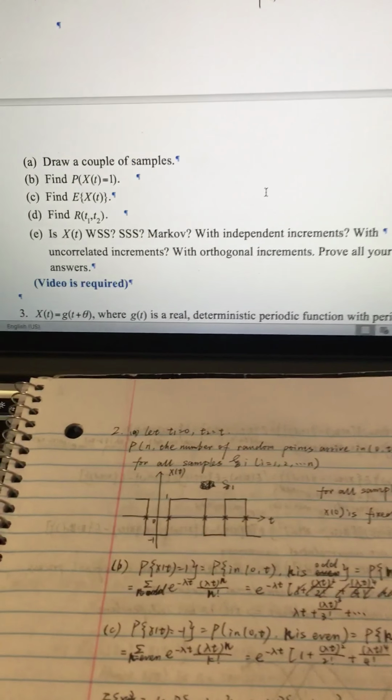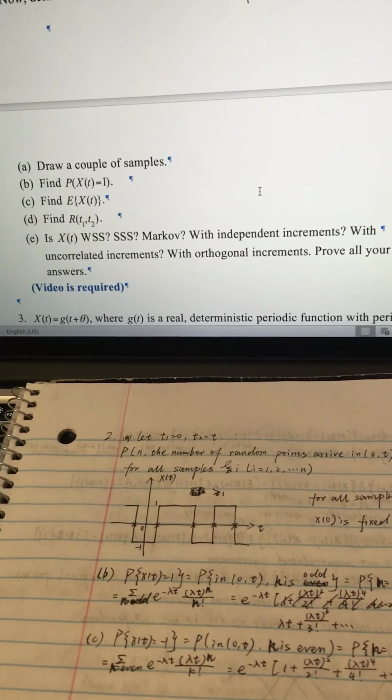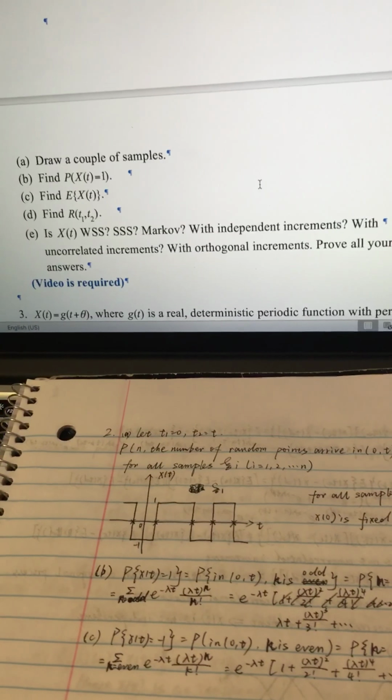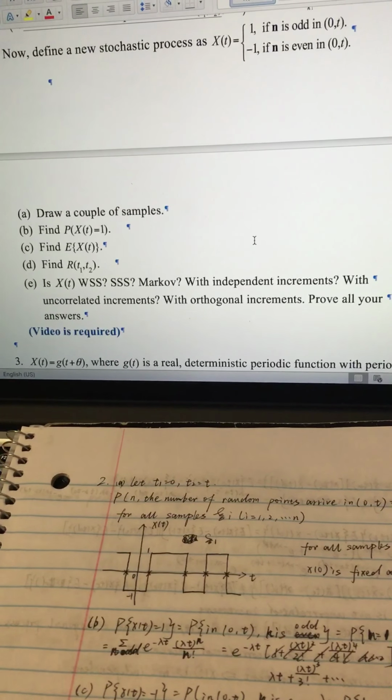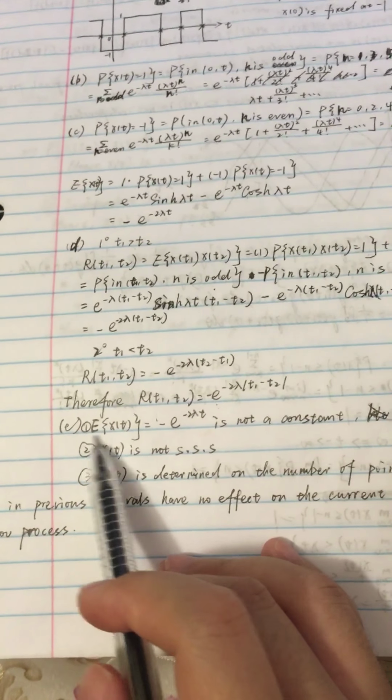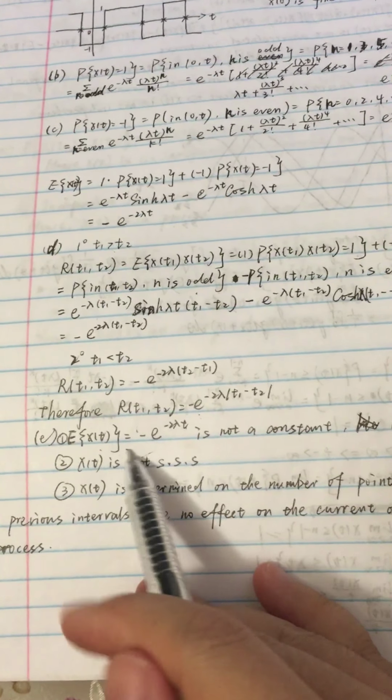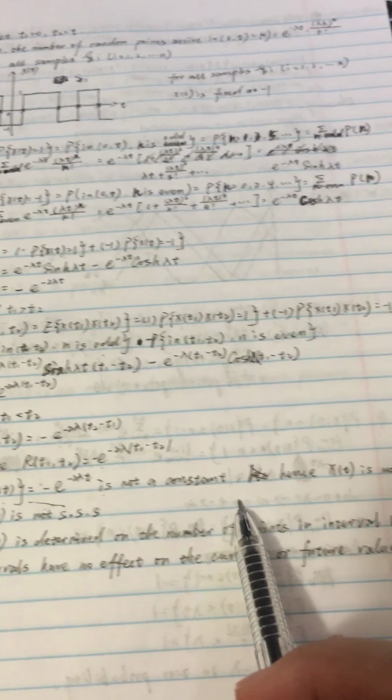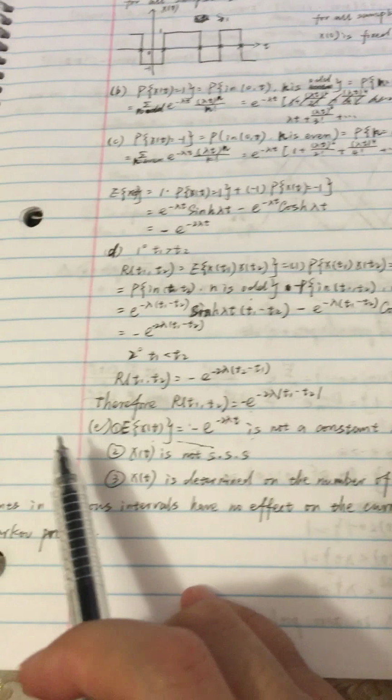Question 5. Is xt WSS, SSS, Markov, with independent increments, with uncorrelated increments, with orthogonal increments? Prove all your answers. First, the expectation of xt is not a constant, hence x is not WSS.